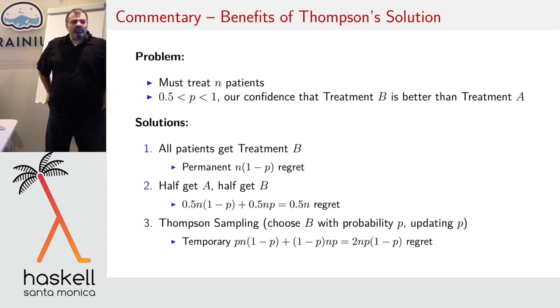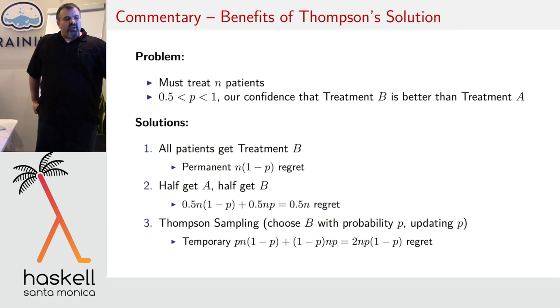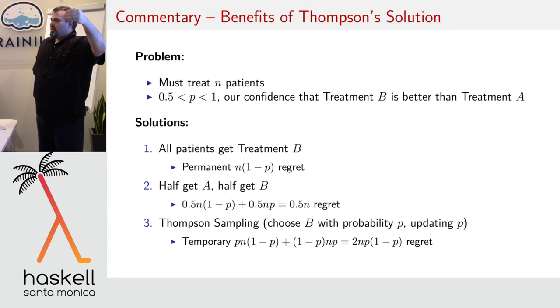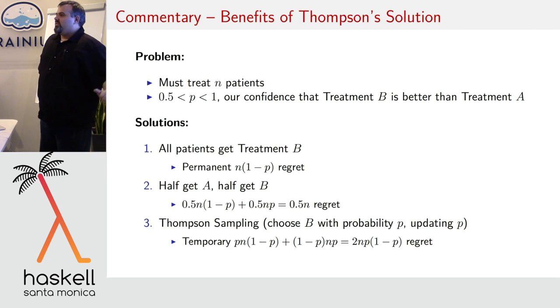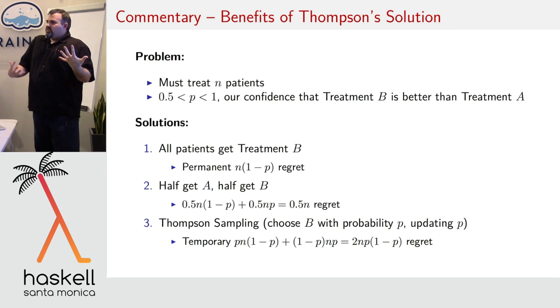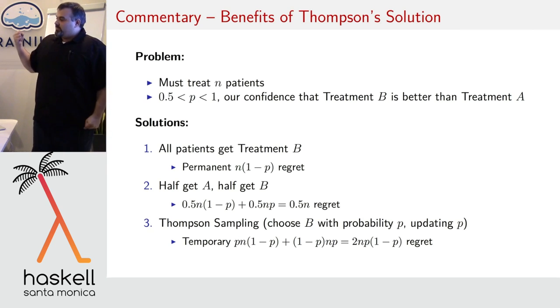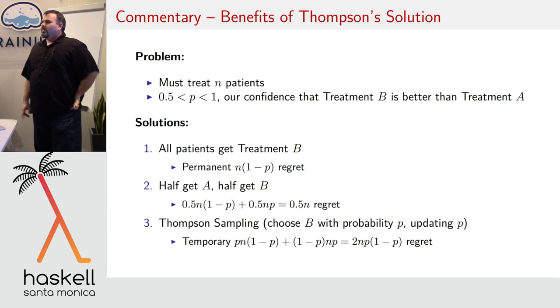So that's the distinction there: Thompson acknowledges, hey, this is not as good a deal for the one patient who comes in. He or she has a 25% chance that I'm going to give them what I believe is the inferior treatment. It's kind of a raw deal.